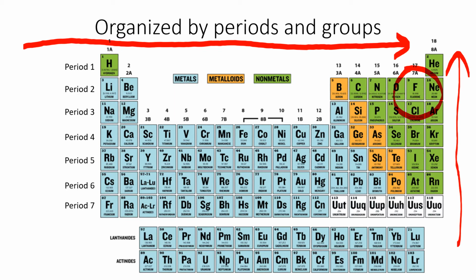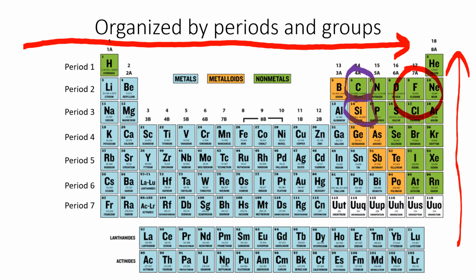So you can look at pairs of elements on the periodic table and then use this trend to figure out which one's more electronegative. So if we looked at silicon and above it carbon, we could say that carbon is more electronegative than silicon because carbon is above silicon on the periodic table.